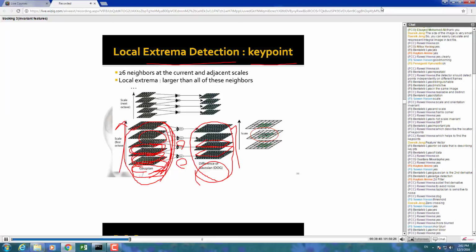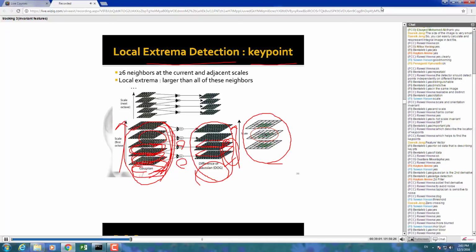Once we have this stack of DOG images, we first select three of them: the first one, second one, and third one. So we consider every three different levels.